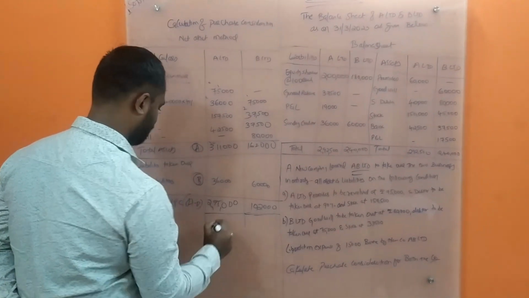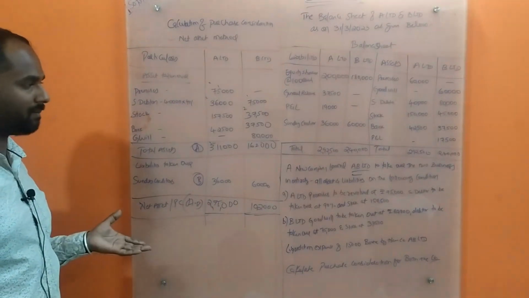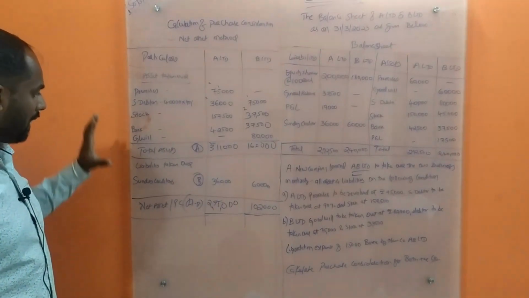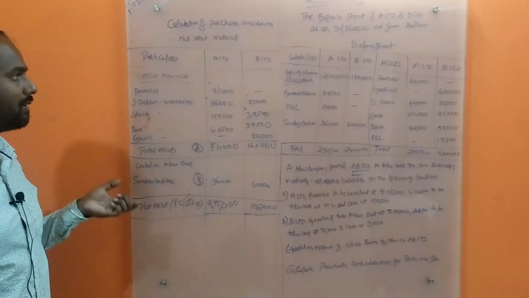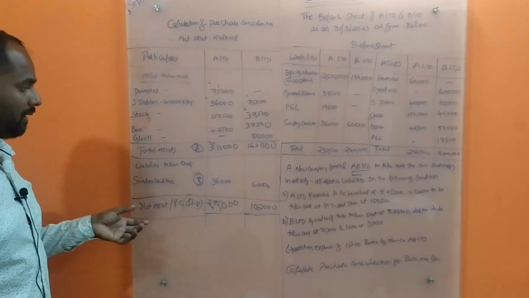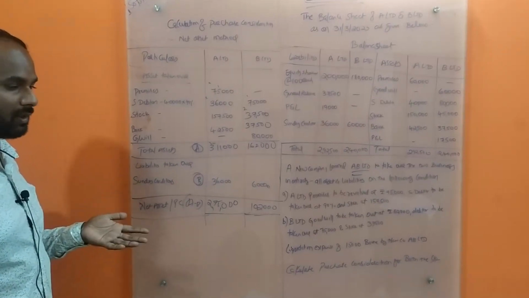That's it. So your total net asset, or PC. This is the net asset method. The total of assets taken over and the total of liabilities taken over, if you net them off, you will get the net asset. In this method, they have not given how it is discharged or how they are going to make the payment.